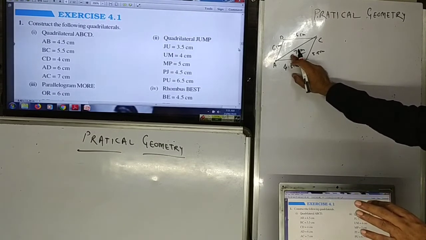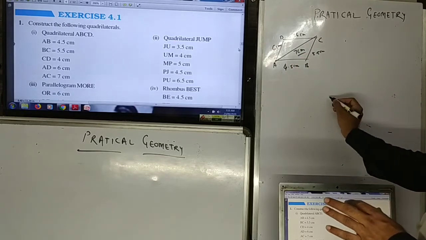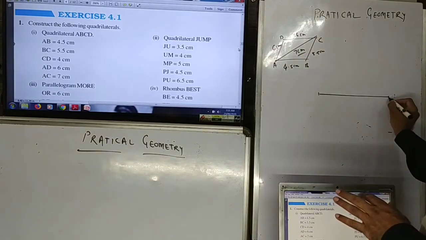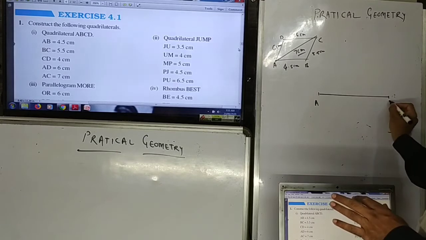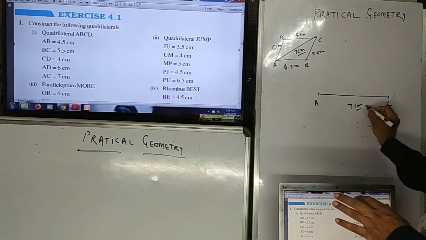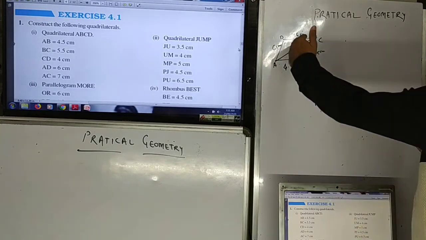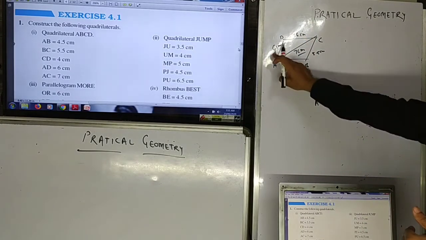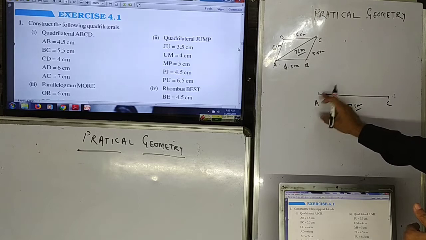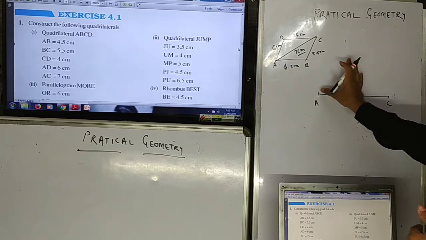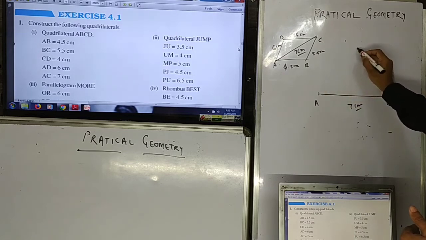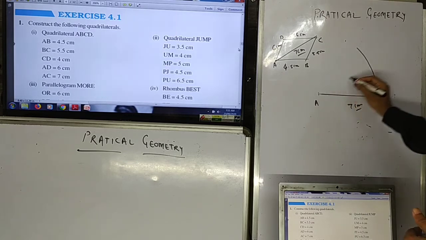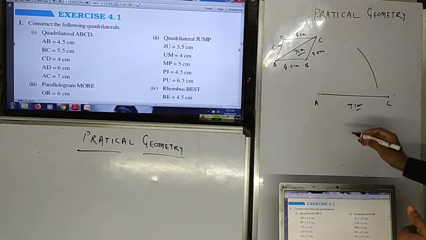So first of all, construct AC of 7 centimeter. On one side of this AC, there is point D, which is at 6 centimeter from this A. So take 6 centimeter in rounder and with center A, draw one arc. Now this radius is 6 centimeter.